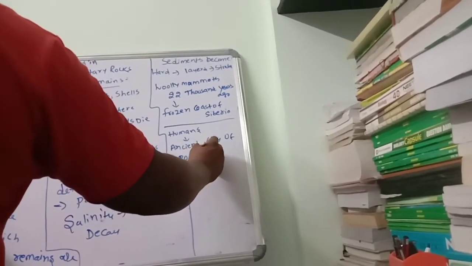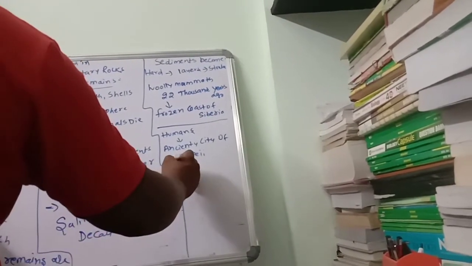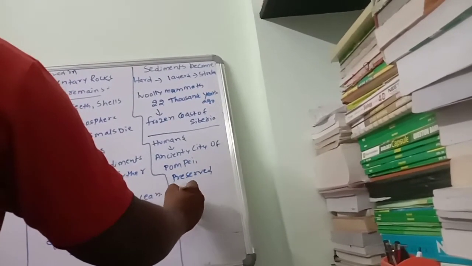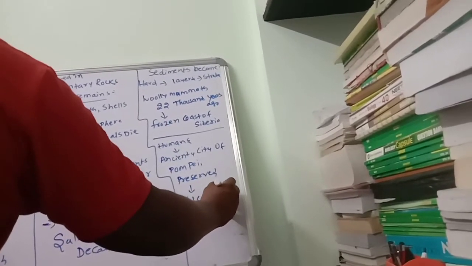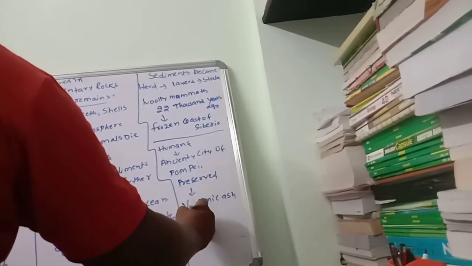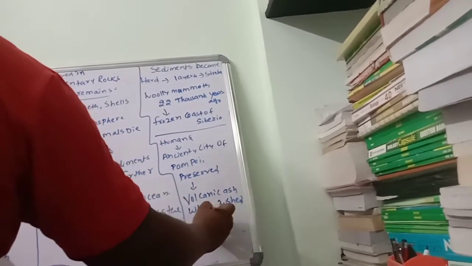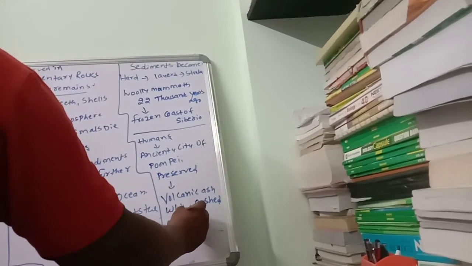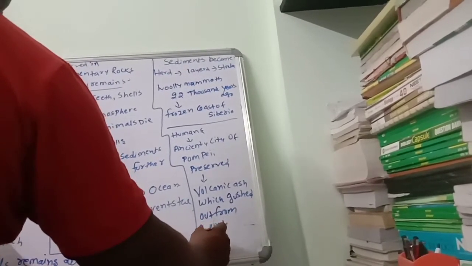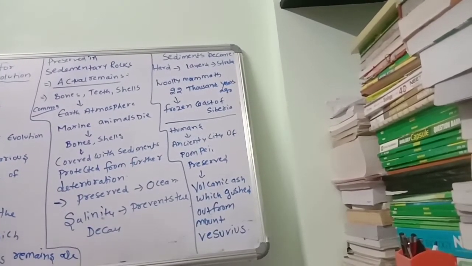Here also they were identified, preserved intact by volcanic ash which gushed out from Mount Vesuvius. Children, you have to remember all these.